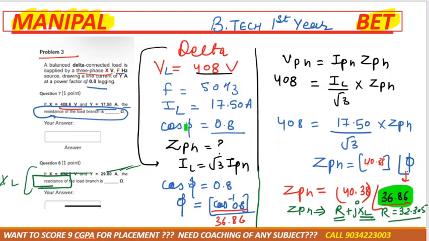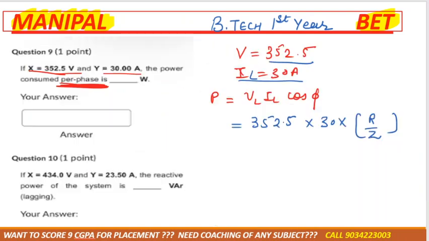No, actually the value will change now. They have given you directly the power factor, that is 0.8 lagging. So in this you don't need to change it further, 0.8.